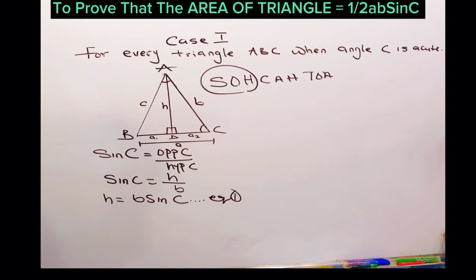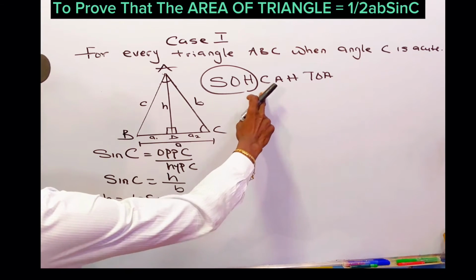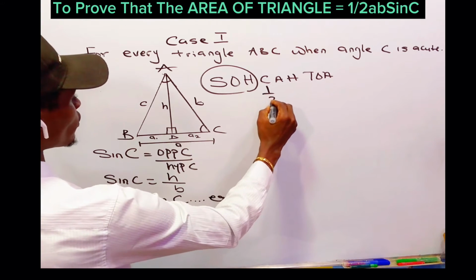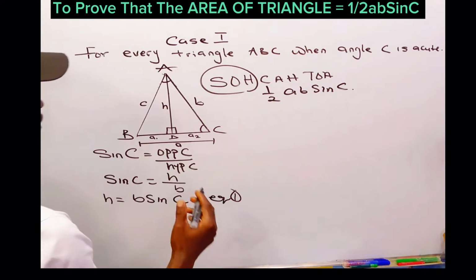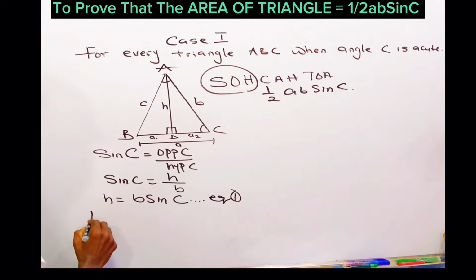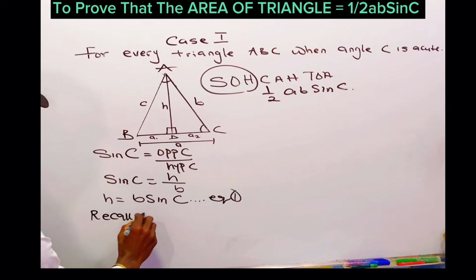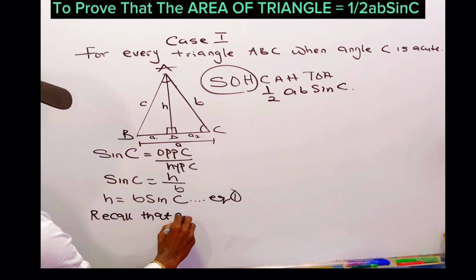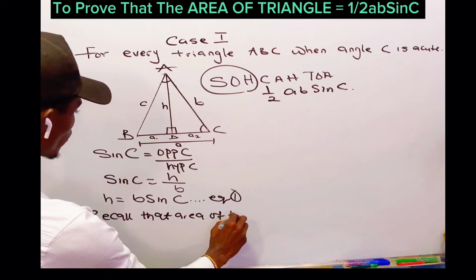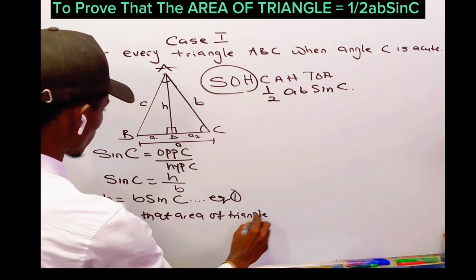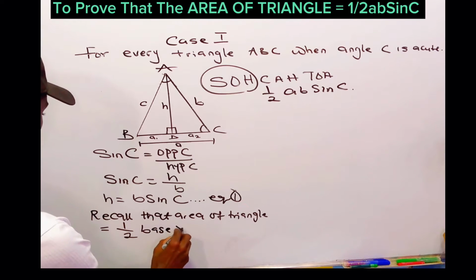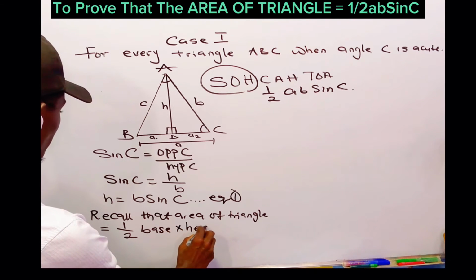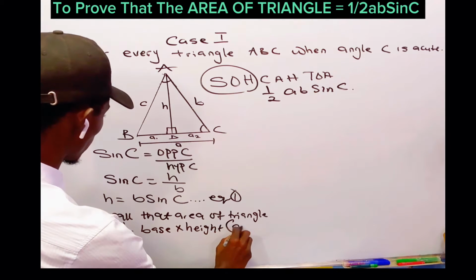However, since we are trying to prove the area of triangle to be equal to 1 over 2 AB sine C, now recall that the area of a triangle is equal to 1 over 2 base times height, which is the altitude.